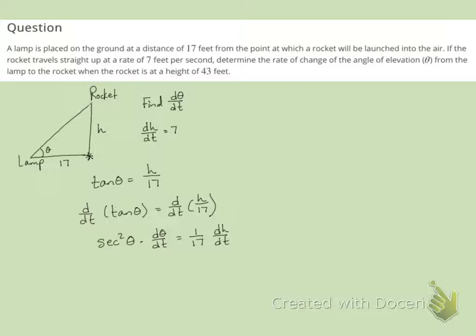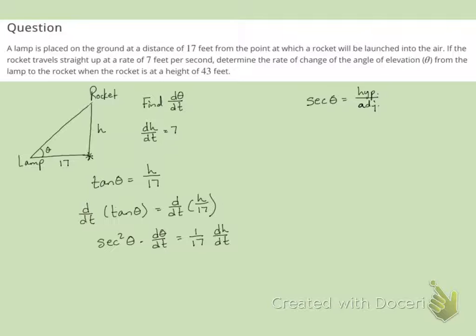So I want to find this d theta dt. I know dh dt is 7. What I don't know right now, and I need to figure out, is the secant squared of theta. So just as a little note over here, we know that the secant of theta is the hypotenuse over the adjacent side. So looking back at my diagram, the adjacent side is 17, but I can use the Pythagorean theorem to find the hypotenuse.